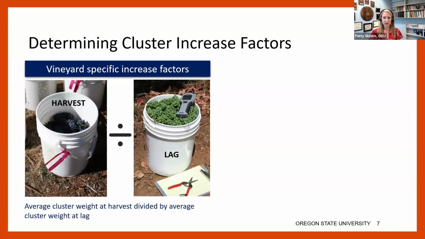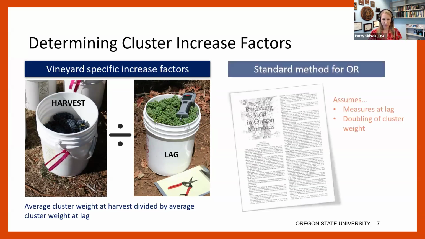Now, the reality is you can do this, but many people don't. They're just too busy to be able to get that harvest cluster weight. Those of us who are doing research, we can do this because that's our business, to collect data and help people out. But in practice, a lot of people aren't collecting their own cluster increase factors.